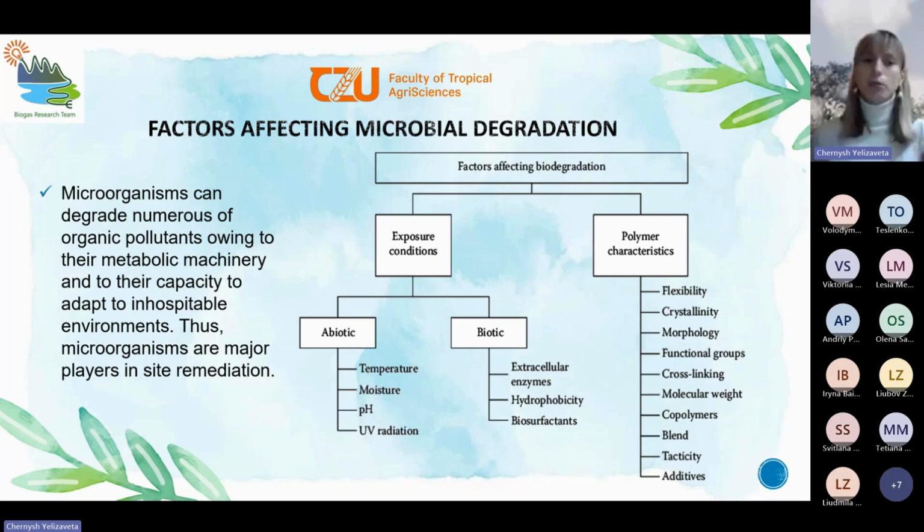Biotic factors are mostly enzymes and biosurfactants that can be used, and it should be mentioned, when we talk about biopreparations, that a lot use immobilizing carriers that can help microorganisms stay strong in the environment, in aggressive media, which can contribute to the activation of the mechanisms of degradation and absorption of some pollutants.